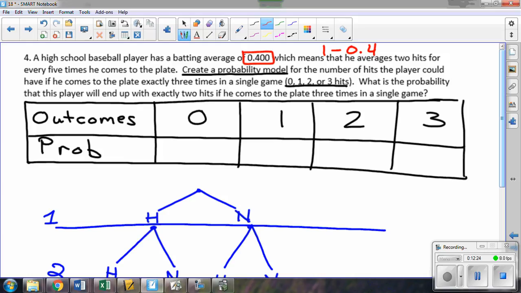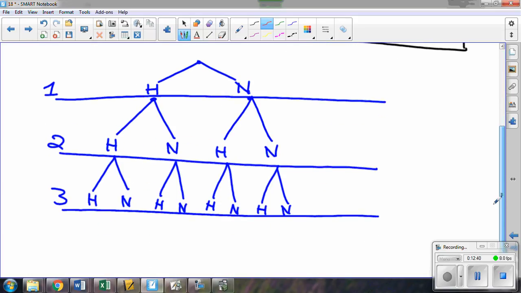We could subtract that probability from 1, giving us 0.6. The probability of not getting a hit is 0.6, or 60%. That is information we will need to place all over our chart.